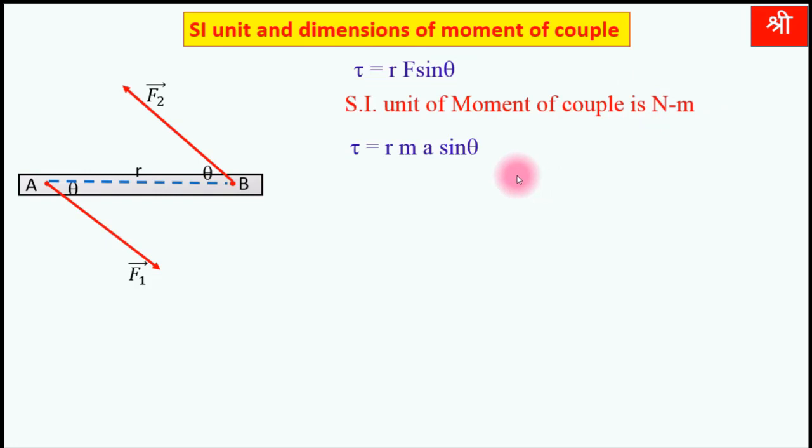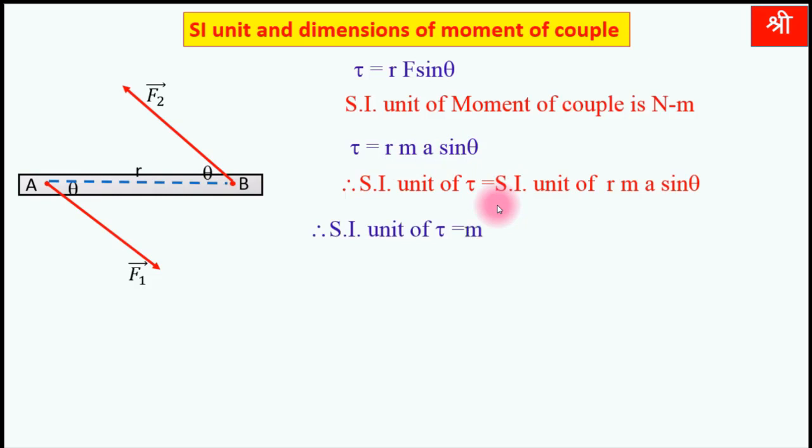How to find the dimensions? Now we know this force equal to mass into acceleration. See here, mass into acceleration. Therefore we get torque tau equal to R m a sin theta. Now SI unit of torque will be equal to SI unit of this R m a sin theta. Now we know SI unit of R is meter, that of mass is kilogram, and acceleration is meter per second square.